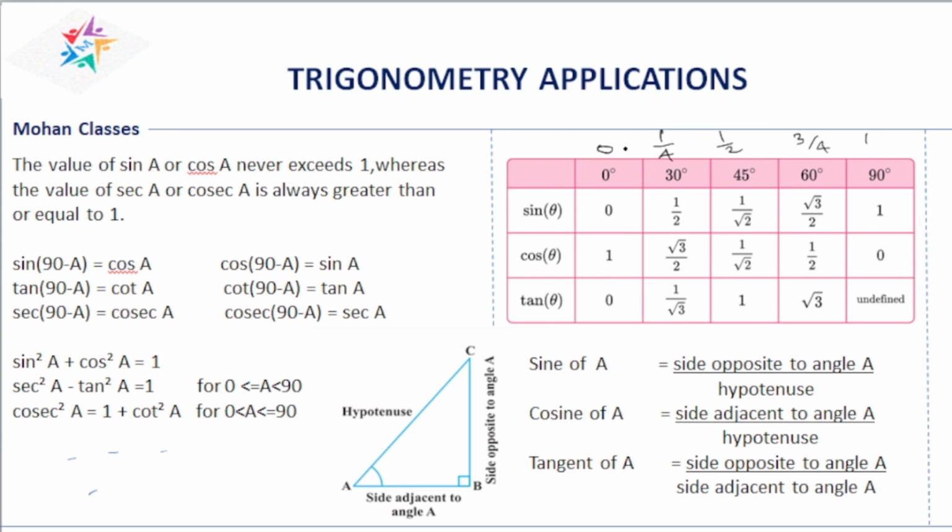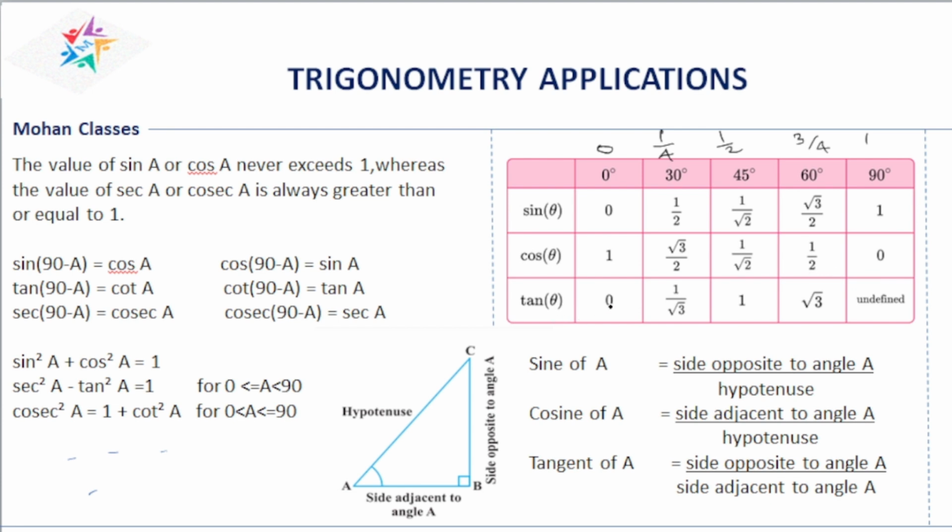If you take the square root of these: square root of 0 is equal to 0, square root of 1 by 4 is equal to 1 by 2, square root of 1 by 2 is equal to 1 by root 2, square root of 3 by 4 is equal to root 3 by 2, square root of 1 is equal to 1. You have to write it in reverse for cos 0, cos 30: 1, root 3 by 2, 1 by root 2, 1 by 2, 0.